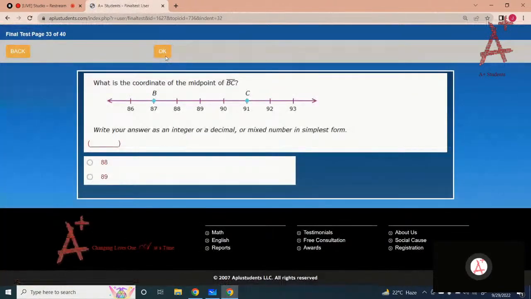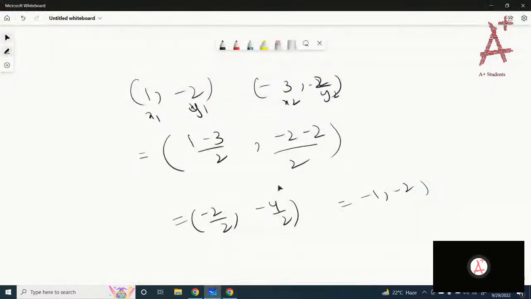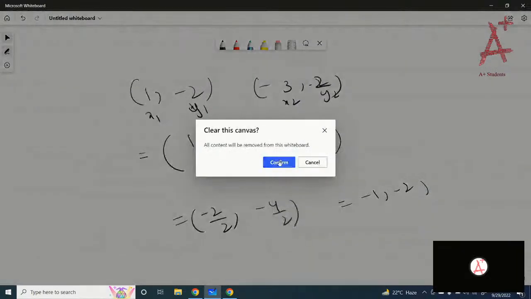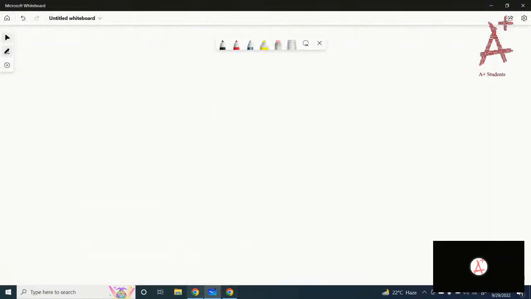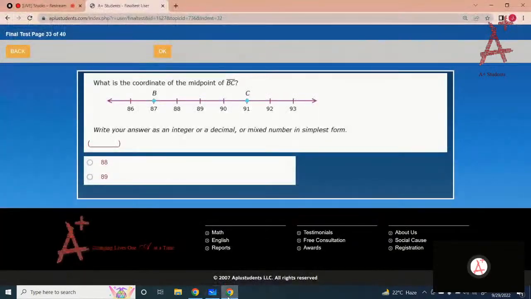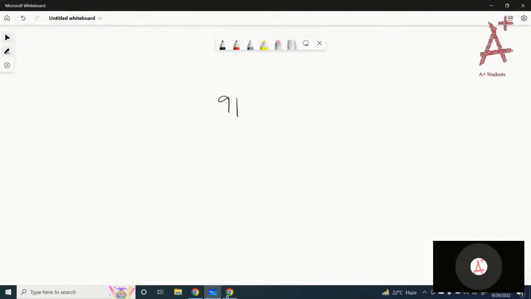Okay, what is the coordinate of the midpoint of BC? So you have to find the midpoint. For the midpoint, you have to add both the points 91 and 87. So 91 plus 87 is 178, and then you have to divide it by 2.